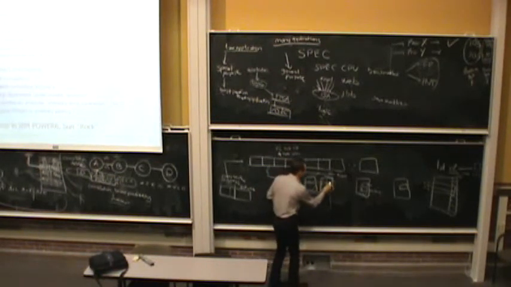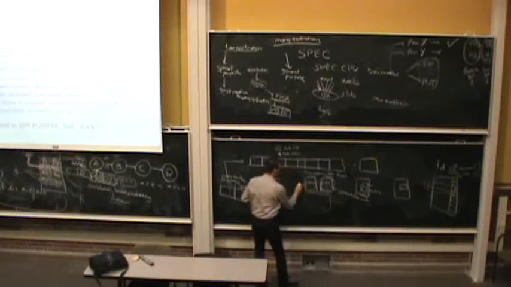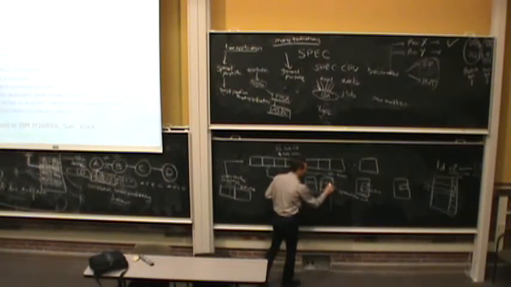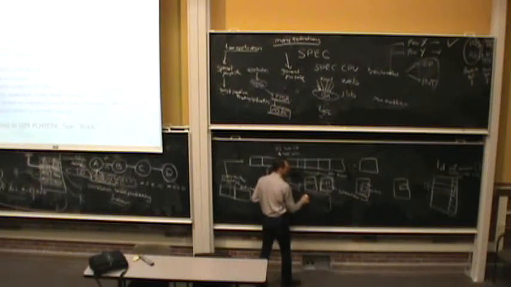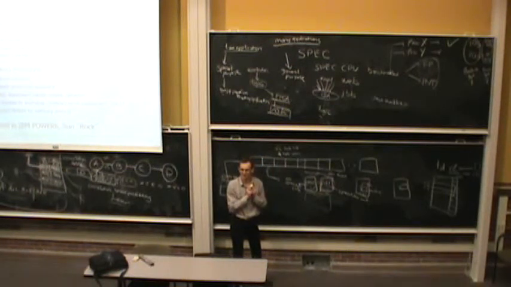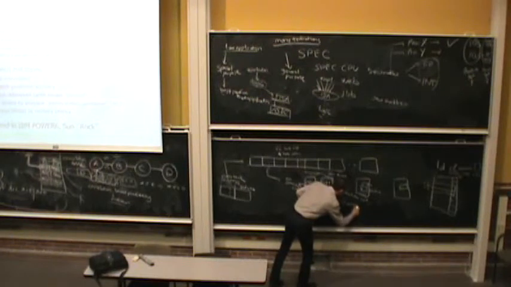So maybe if you have a speculative core, if you will, and a non-speculative core, this can execute much faster and provide the cache misses earlier to this core, and now this core can execute faster. This is the idea of dual core execution, if you will.